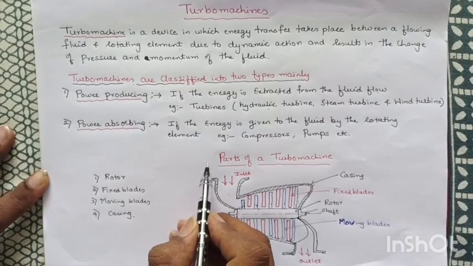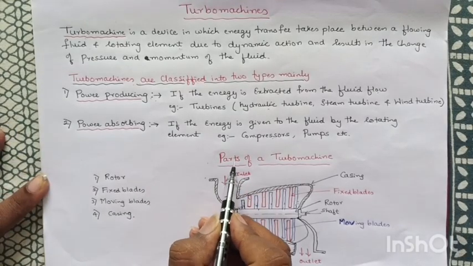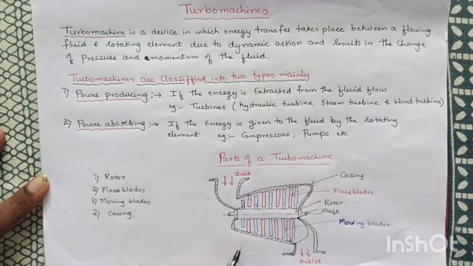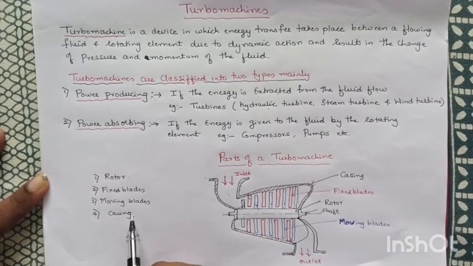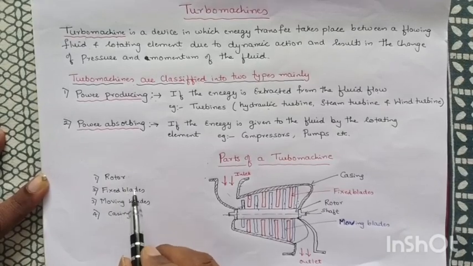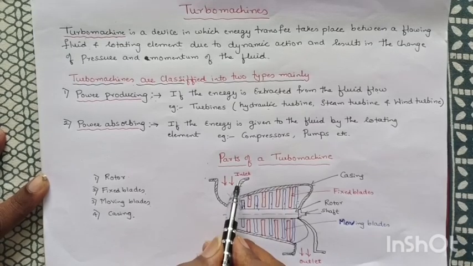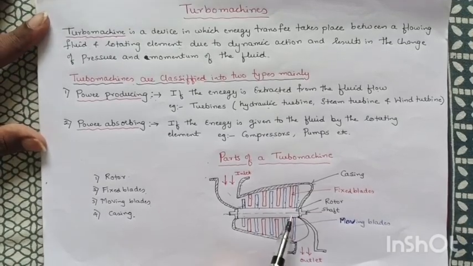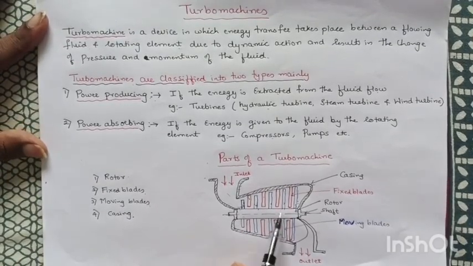So now we'll study the general parts of a turbo machine. This is the sketch of the axial flow steam turbine. These are the parts of the turbo machine: rotor, fixed blades, moving blades, casing. You can see here, this is the rotor. It is also called the rotary drum, which is mounted on this shaft.